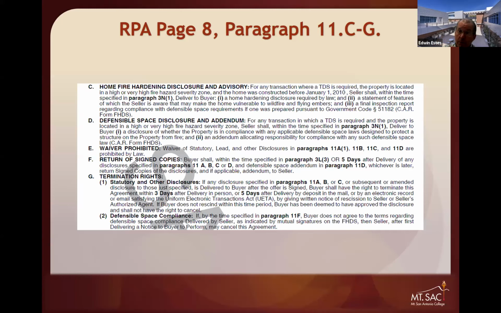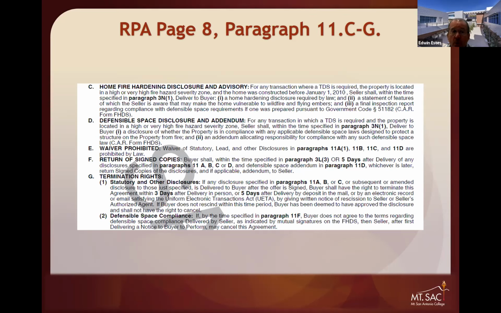Property was built prior to 2010. The seller has to give a TDS, and the NHD report says it's in a high or very high fire hazard zone. Okay, so all three have to exist to require this form. Okay, the defensible space disclosure addendum is continued there in D, explaining it.